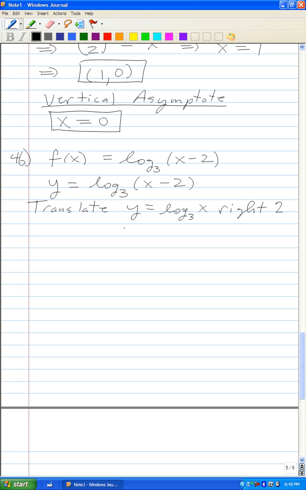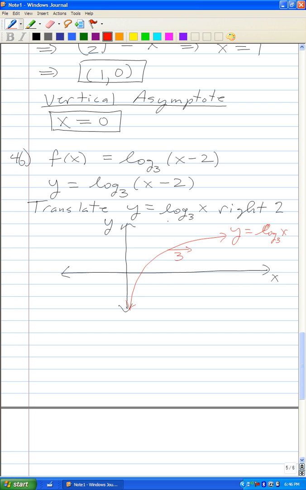And so let's do that. And so the log base 3 looks something like this. And I'm going to translate this over.